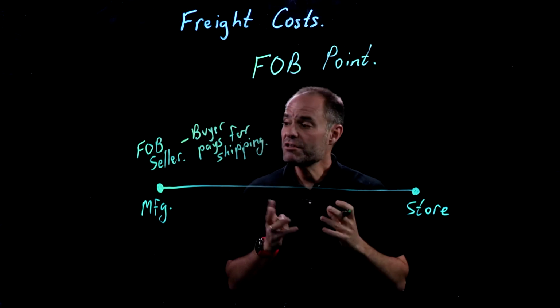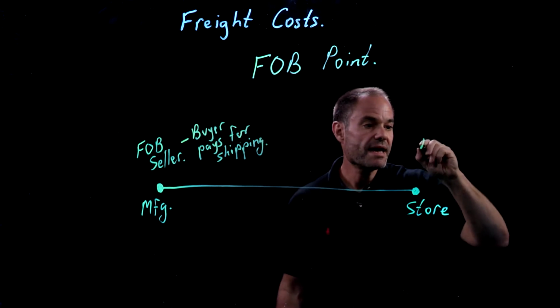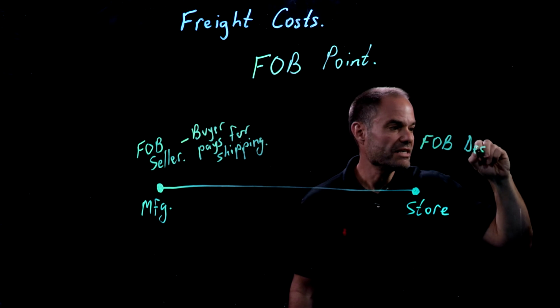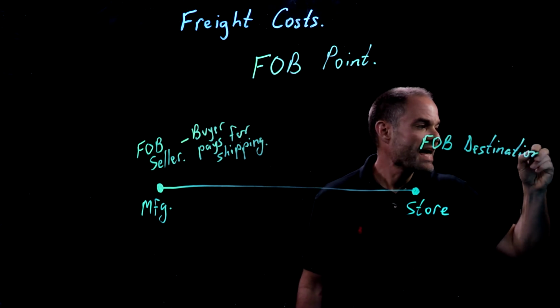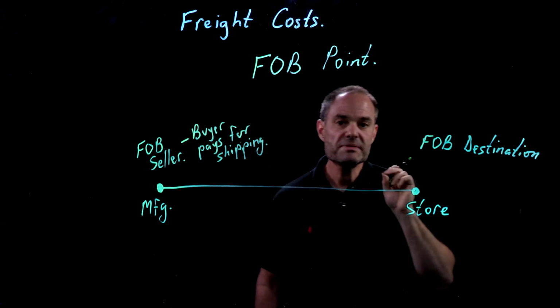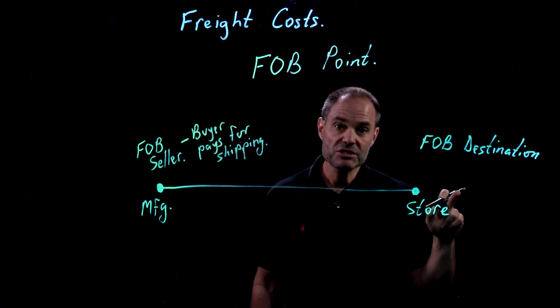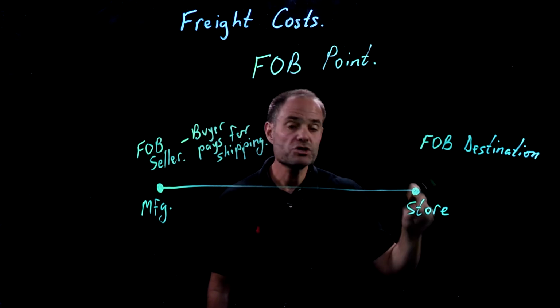The other common possibility would be FOB destination, or FOB buyer. In that case, ownership doesn't transfer until the goods arrive at the store or wherever they're being shipped to, and the store accepts them.